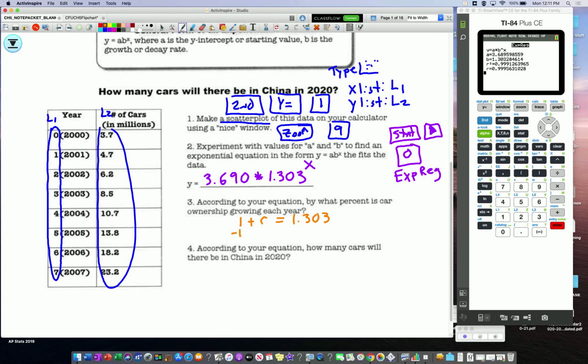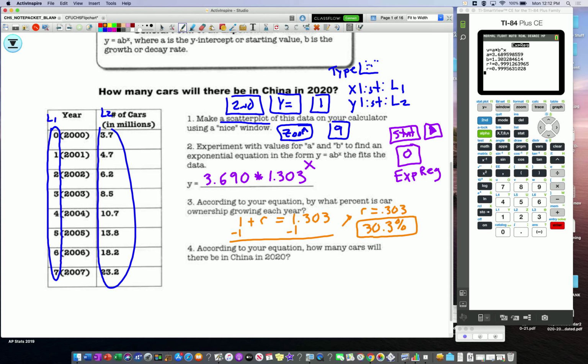So if I subtract the 1, r is equaling 0.303. So what that means, if I move that decimal over 2 spots, it's increasing at a rate of 30.3%. Wow, that's growing quickly.